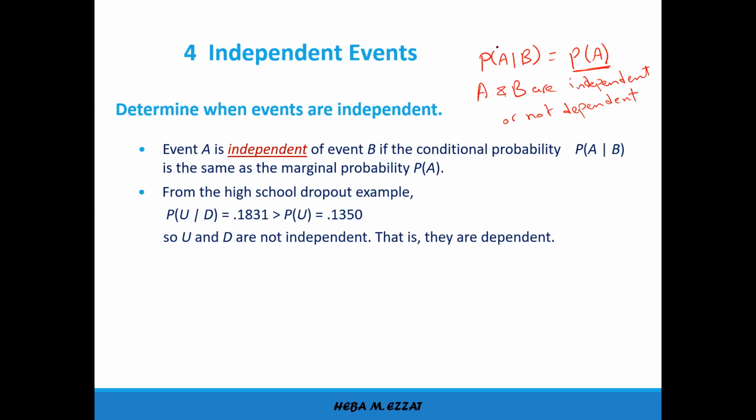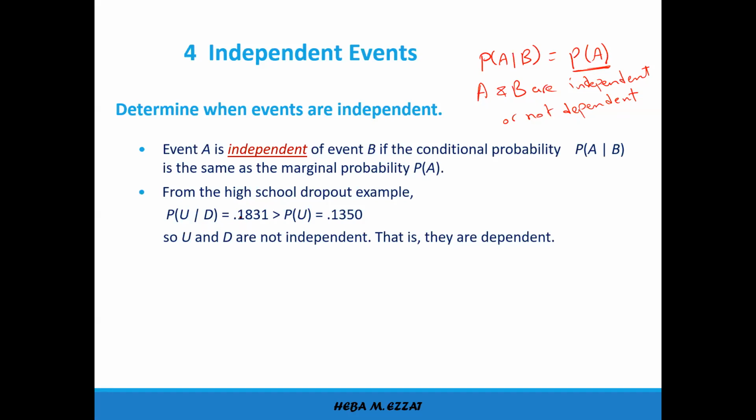So again, the information that B has occurred doesn't affect at all the probability of A to occur or to happen. The probability of A is not affected. So in this case, there is no relationship between event A and B. If event B has occurred, nothing would change the probability of A. Okay, so we say in this case the two events are independent, or not dependent.